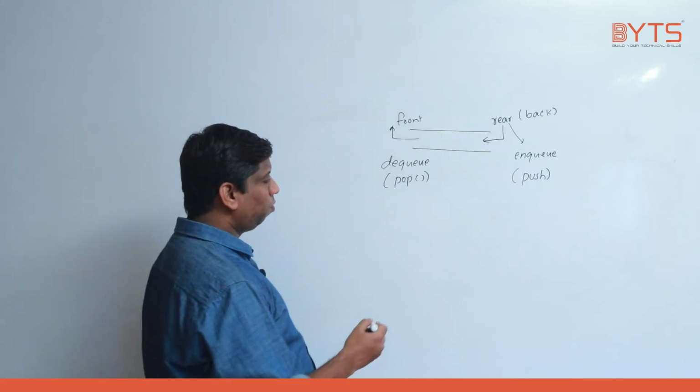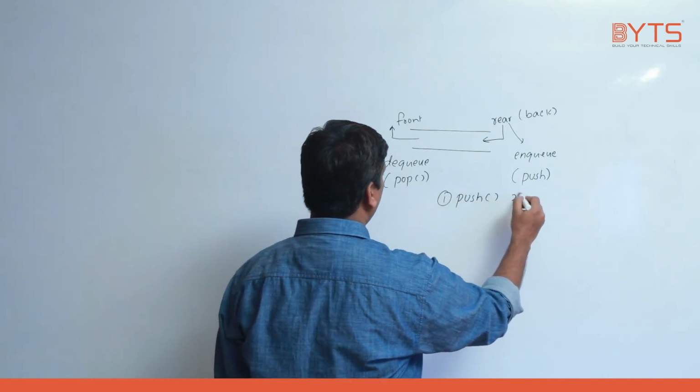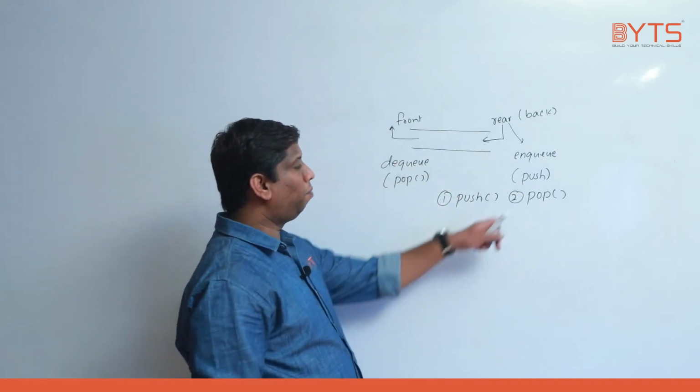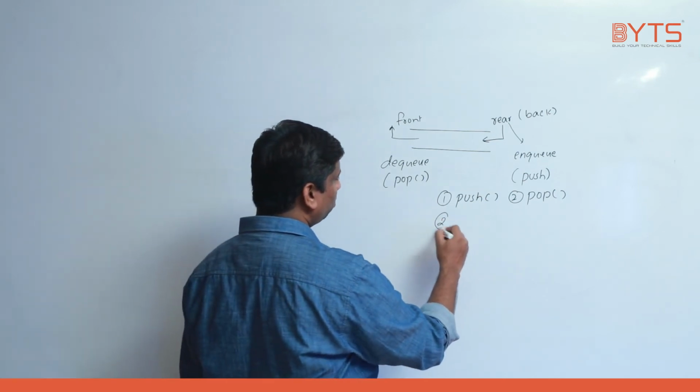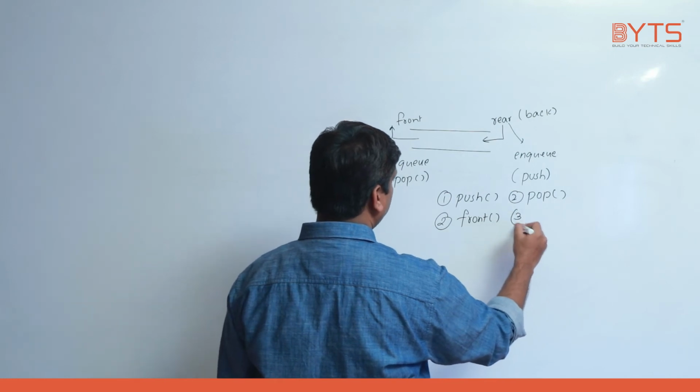What are the functions available in the queue? Push function, pop function. Push is used for the enqueue operation, pop is used for the dequeue operation, right? Next, to get the data we have the front function and another, the back function.